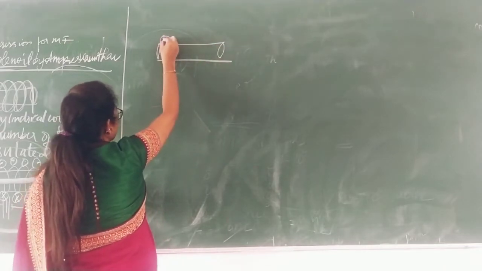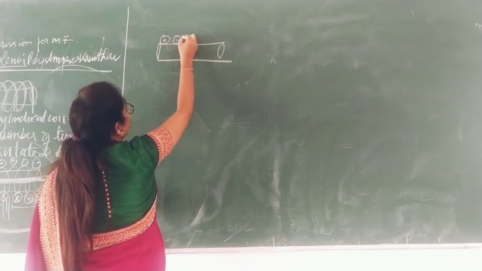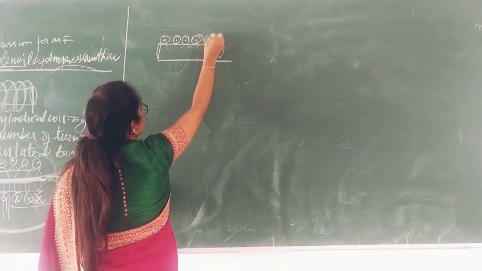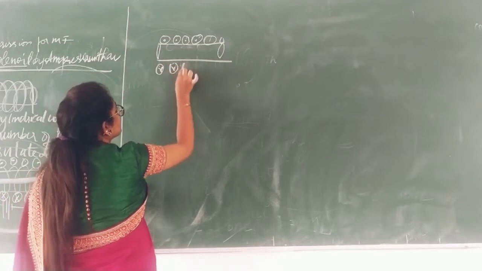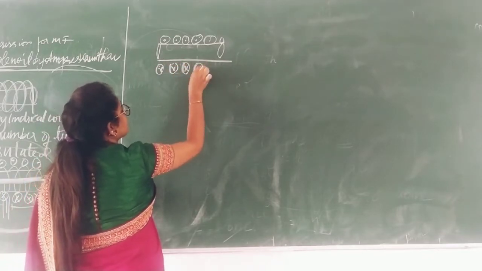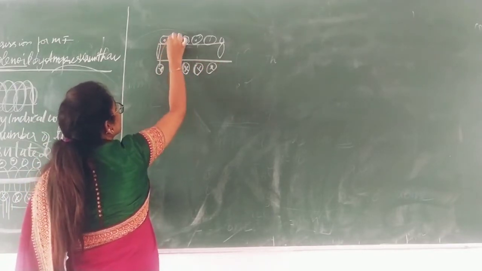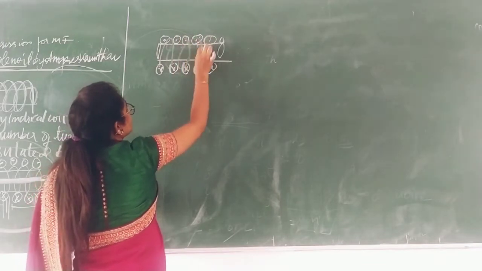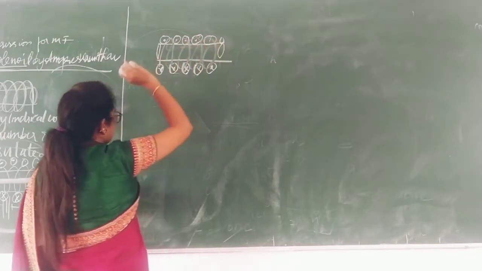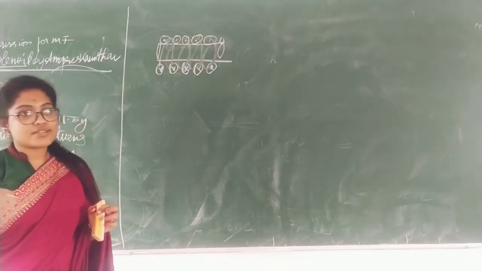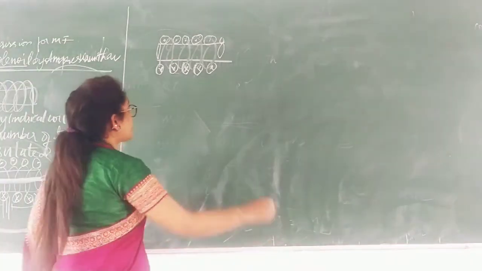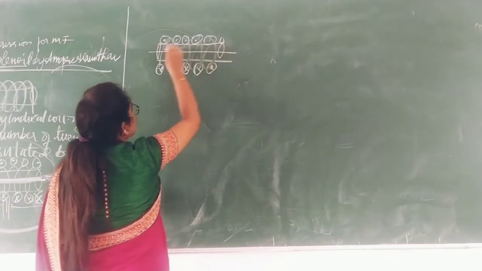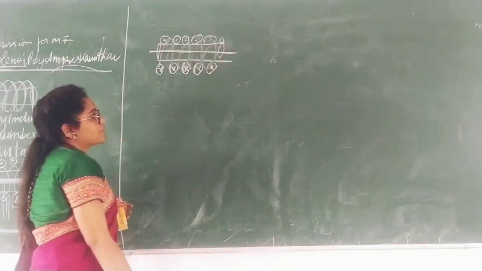Here current is coming out, here current is going inside. So your loop is like this. It is understood that if we give current, it is passing and you will get the magnetic field. Inside, the magnetic field is straight.